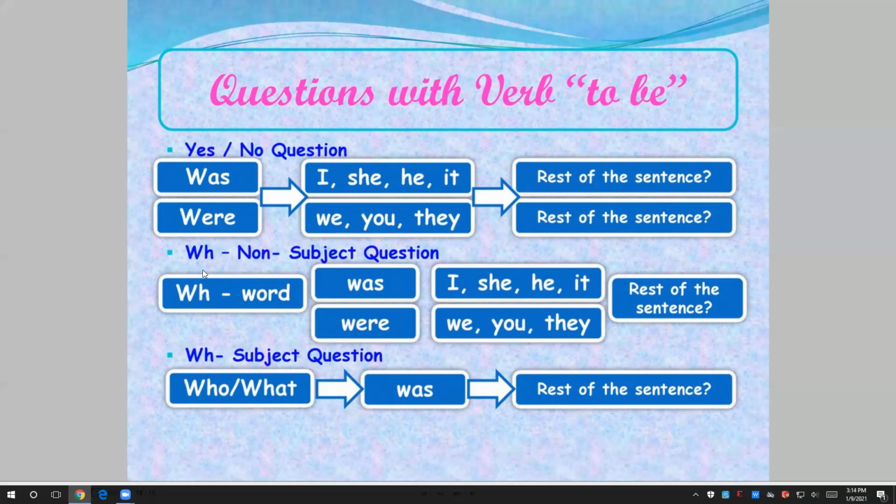And then if you want to have WH questions, there are two types of WH questions: non-subject questions and subject questions. For non-subject questions, you'll have the WH word, and then you'll use was or were, and then your subject, and then the rest of the sentence.